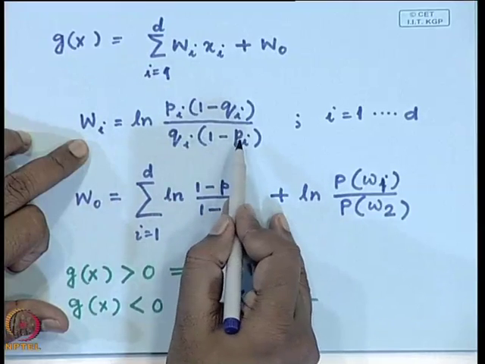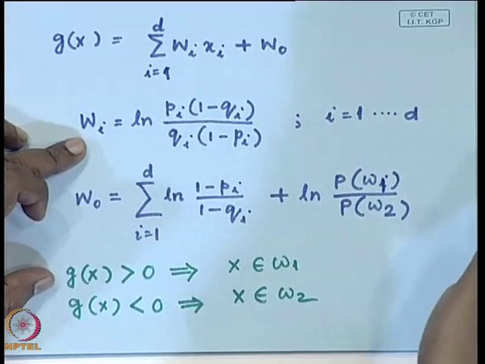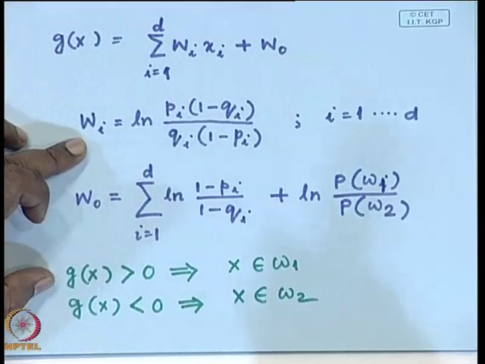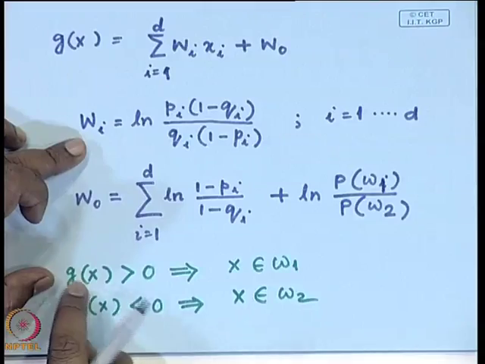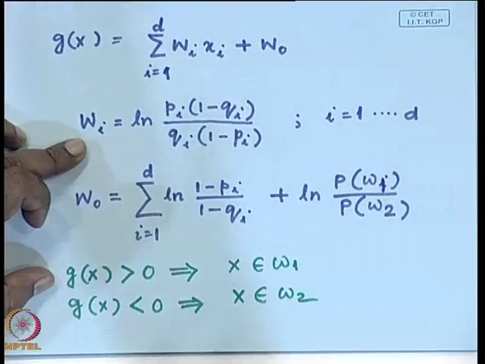and when this value is greater than 1, value of w I is positive. If value of w I is positive, what happens to my g x? Not necessarily. It depends upon other values of I as well. Okay. So, effectively I can say that if x I is equal to 1, that particular component, then this component x I gives a vote of value w I to g x to decide that this feature vector x belongs to class omega 1.